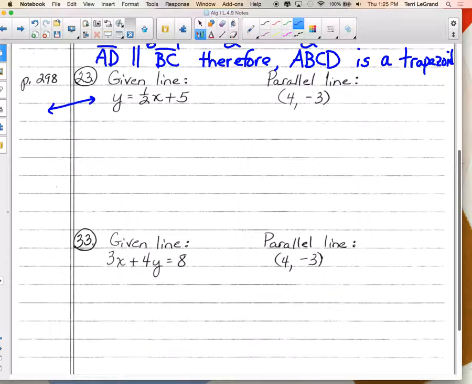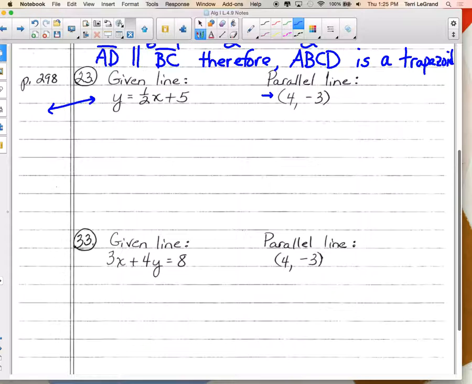It has to be a line that goes through this given point right here. So how are we going to get an equation for a new line that's going to be parallel to that one in your graphing calculator, and at the same time, it's going to go through ordered pair 4, negative 3.